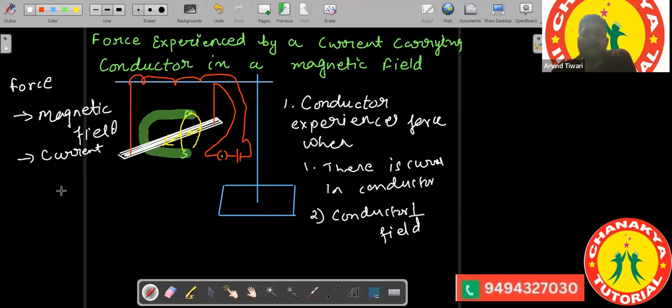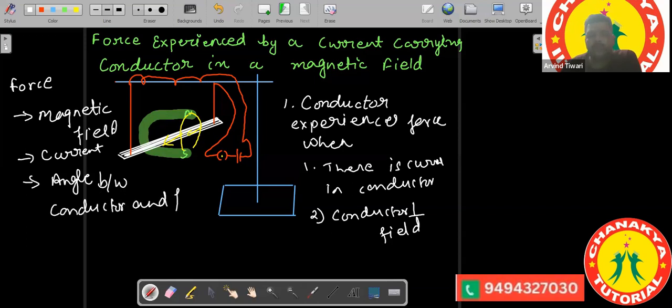And it also depends on the angle between the conductor and the magnetic field. So these are some of the important points which you will not find listed anywhere in your book, but just go through this. Just see this complete activity. What are the important points over here?